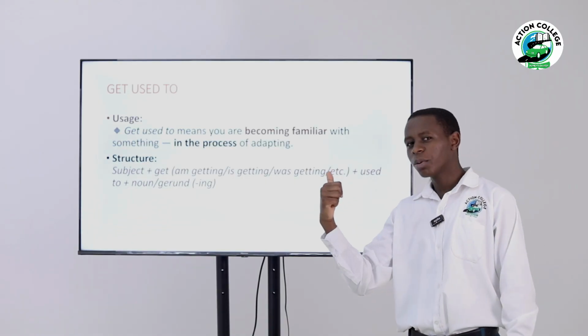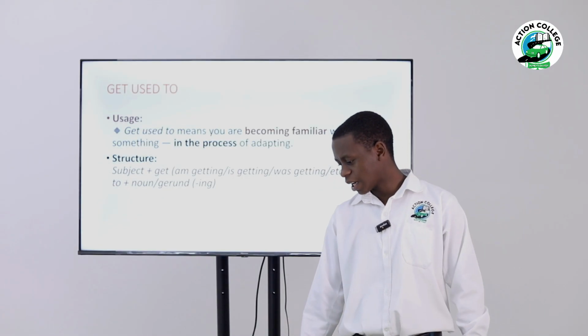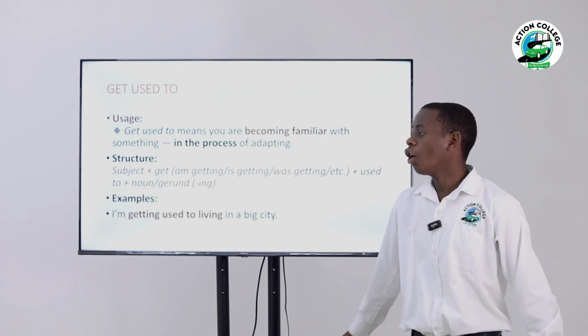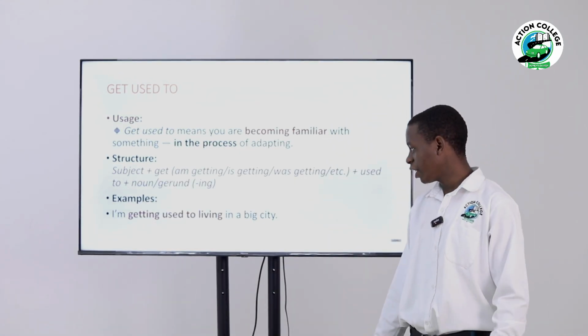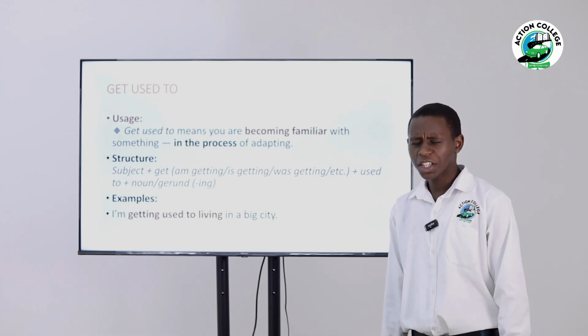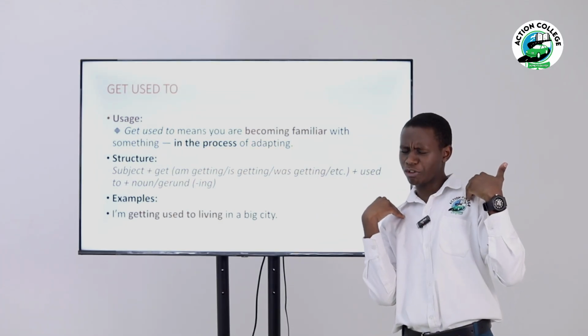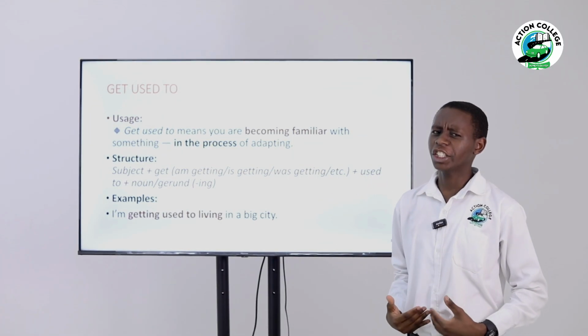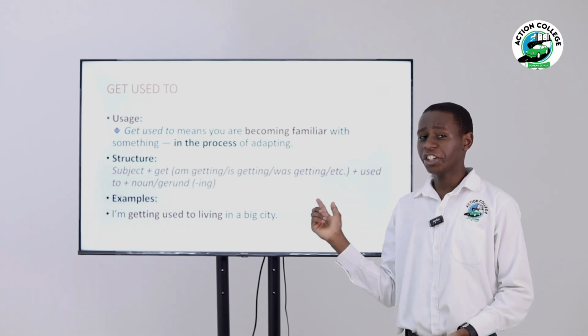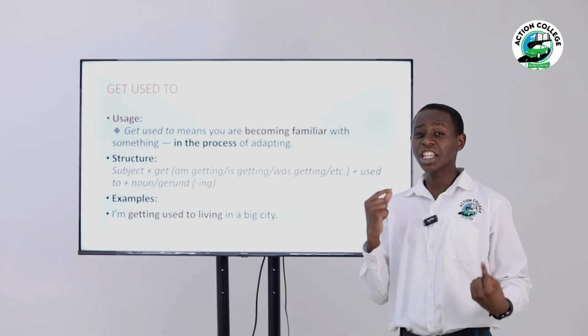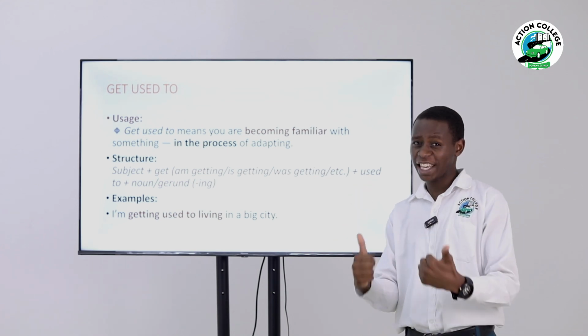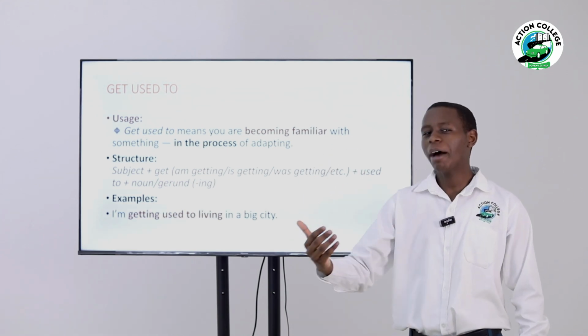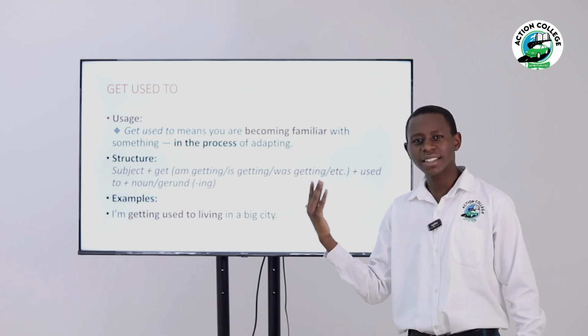But I hope today you are going to be updated about this. You can also say I'm getting used to living in a big city. You know, when a person is coming to a city, it can be strange and sometimes hard to adapt. But here you can say I'm getting used to living, meaning that you are becoming familiar with living in the city.